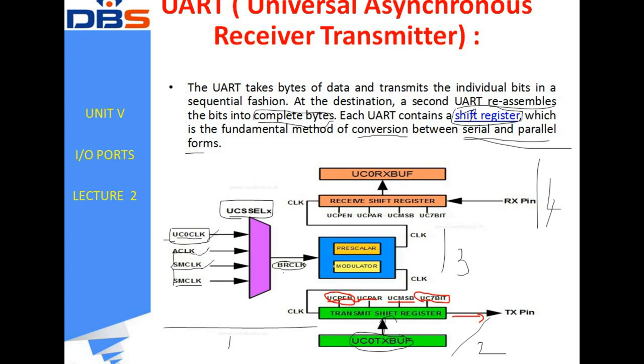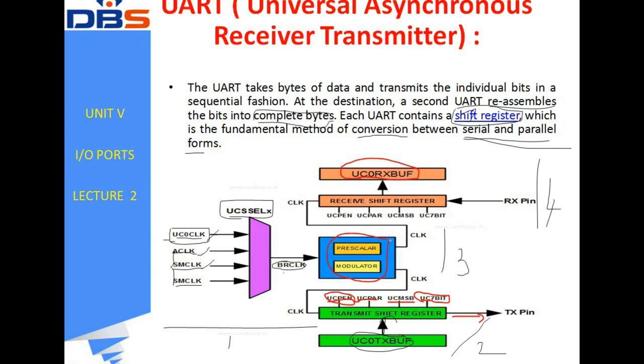The data which is received at the receiver section pins is sent here, and this will be sent to the UC0RXBUF, the receive buffer register. This block decides the baud rate generation.